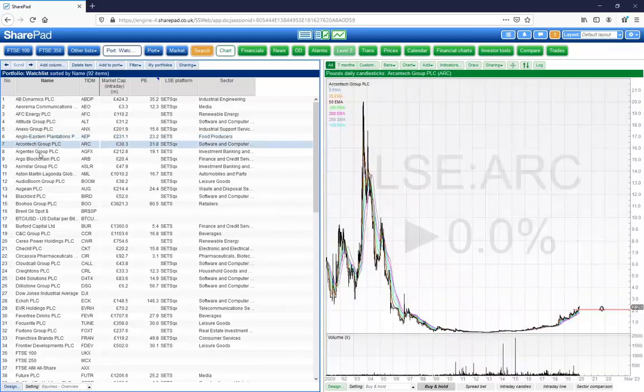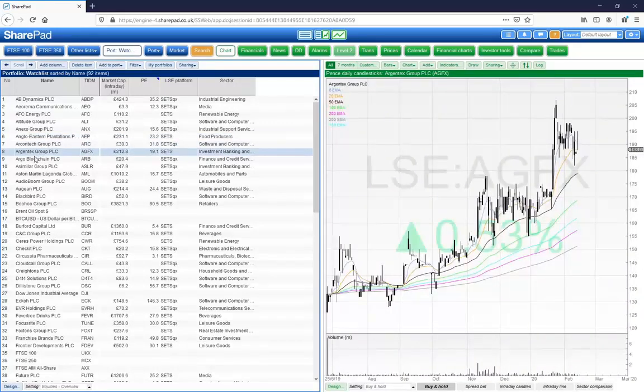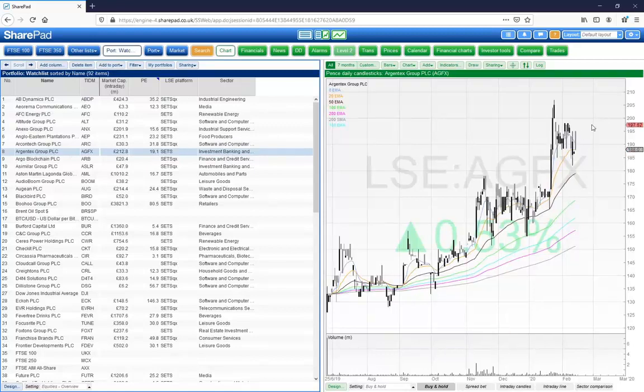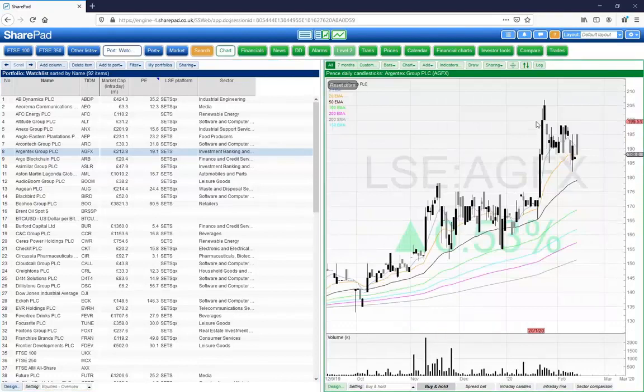Then we've got Argentex Group, investment banking. That sounds quite techy to me, but that's a nice stage 2 uptrend. It's SETS traded. So if we have level 2 access, we can wait until the stock's trending around this level, and then we can take out the ask and get long.